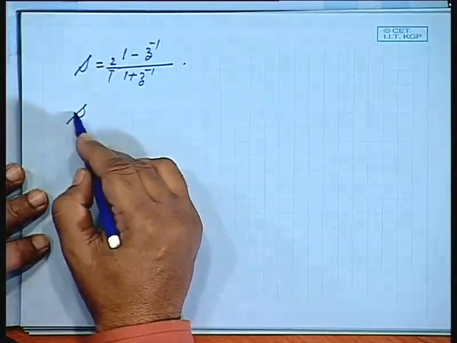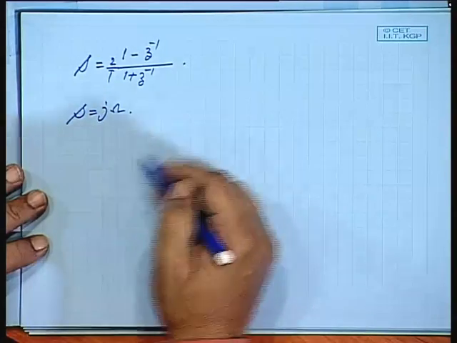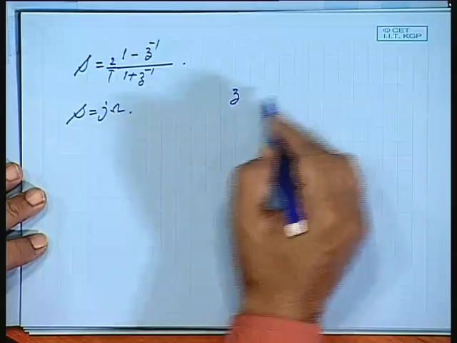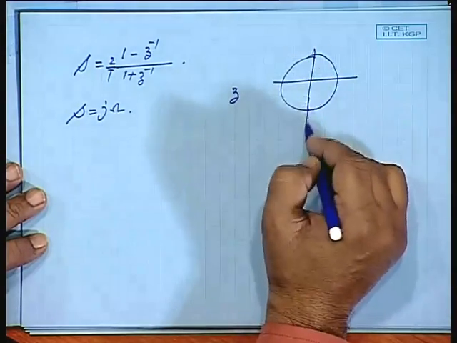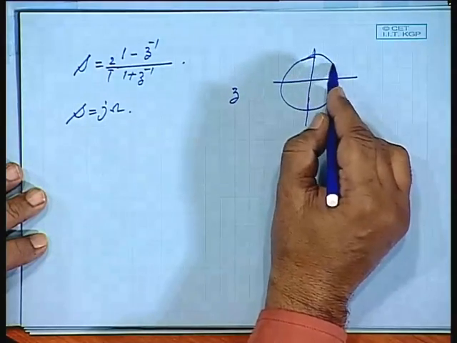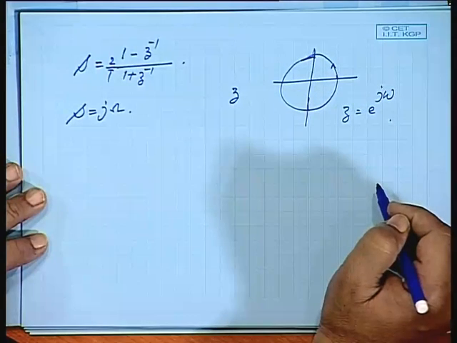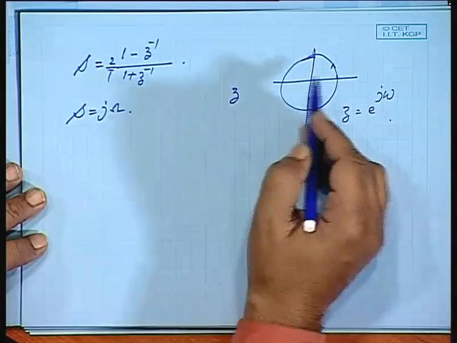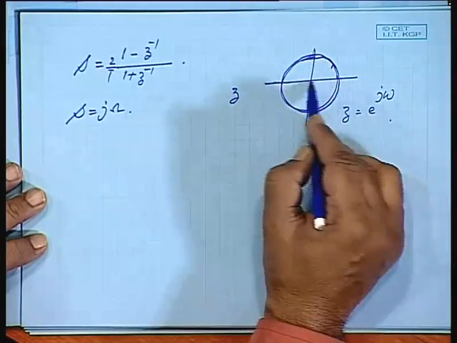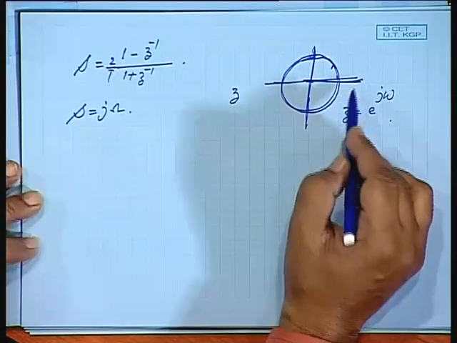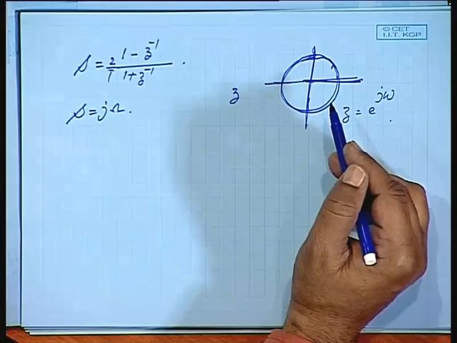If I make s equal to j omega on this side, and if I go along the unit circle, if I substitute z is equal to e to the power j omega, in this bilinear transformation I want to see the relationship between the two frequencies.